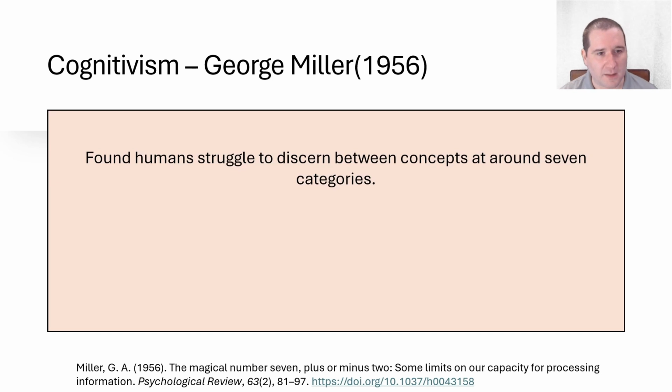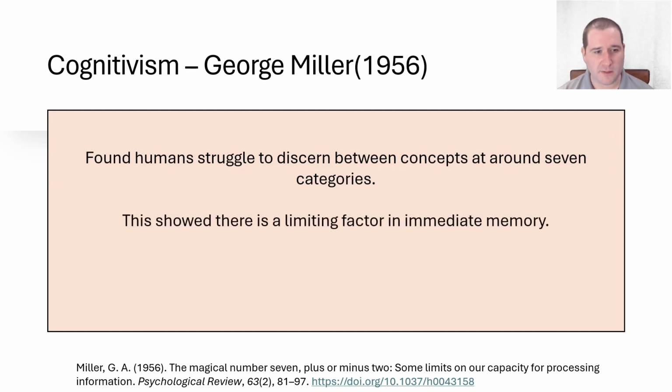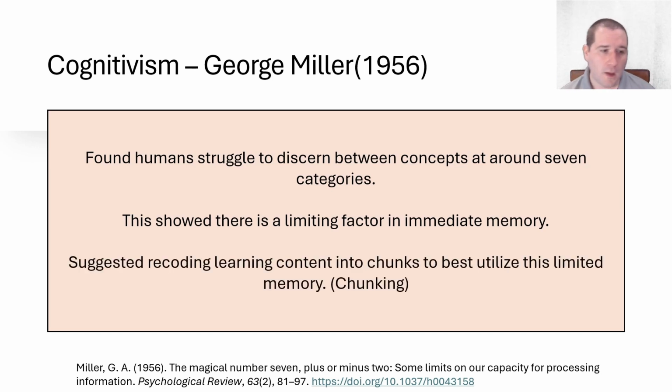Okay, we just talked about this idea that they struggle to discern around 7 categories. And the big thing is he showed there's a limiting factor in immediate memory. So this is where a lot of the ideas that we're going to talk about, short-term working memory, that sort of thing, come from. That there's only so much you can store in the right now in your brain. And this is also where we got the concept of chunking.